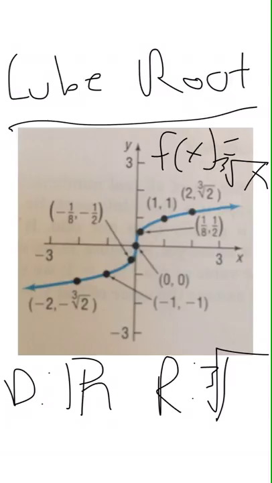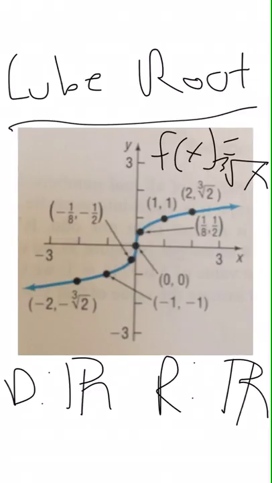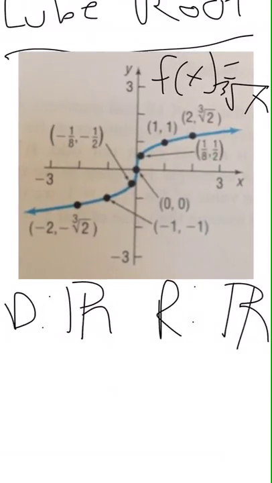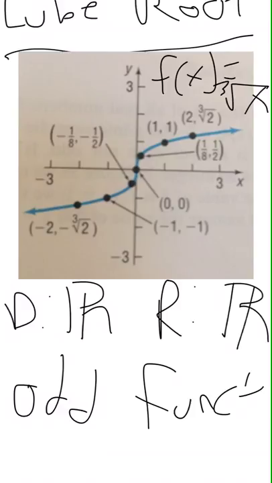I don't know why I started writing the cubed root function again. The range is all real numbers. And if you also notice, it's symmetric about the origin, which would make it an odd function. You can add the odd in after that in your notes.